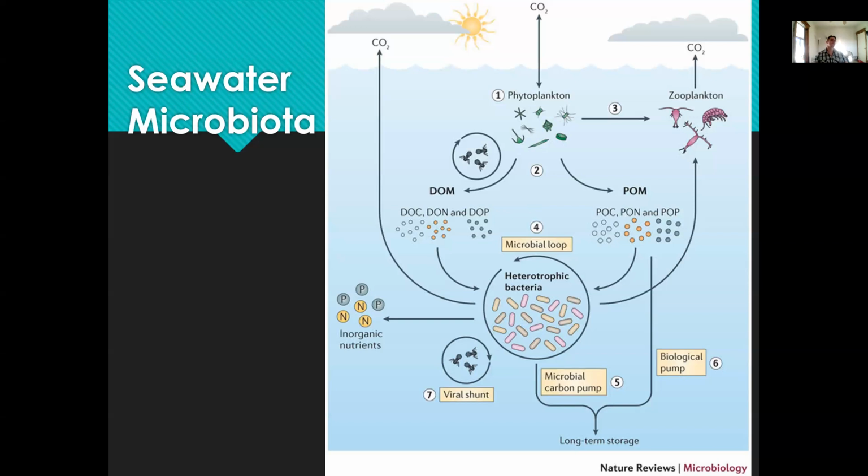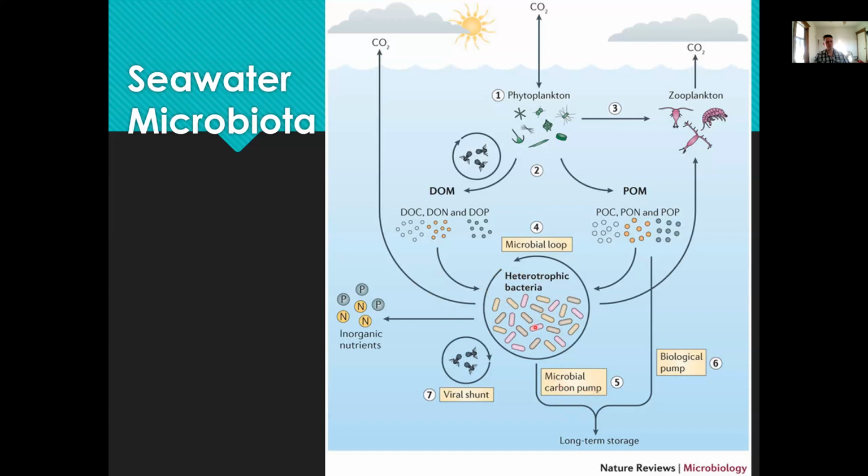So bacteria in this microbial loop actually decompose particulate matter, and then they use this energy during growth. Then we're going to move on to what is known as the MCP, or the microbial carbon pump. This is essentially just the transfer of labile organic matter into recalcitrant organic matter by microbial activity.